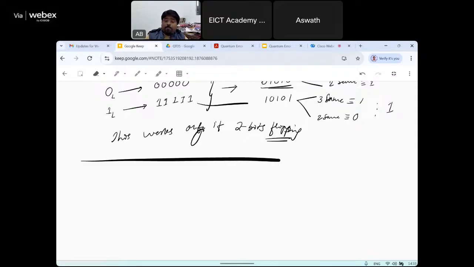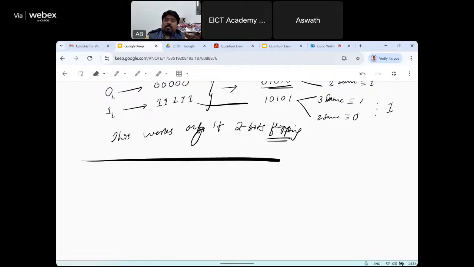One more thing, we can connect this to probabilities also. There is a probability of having a certain value. For example, 2 or more bits are flipping.